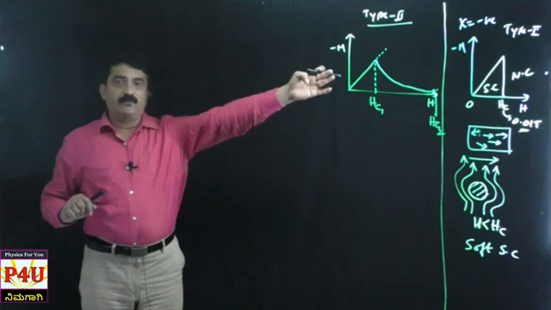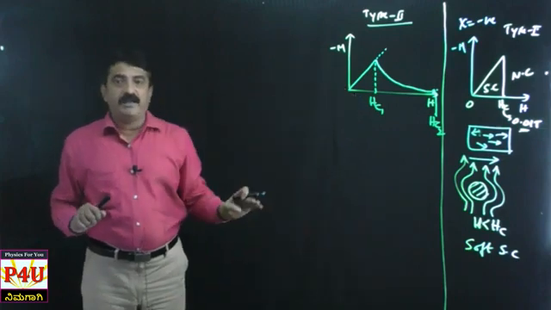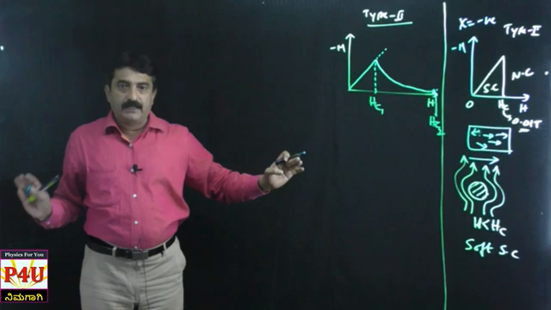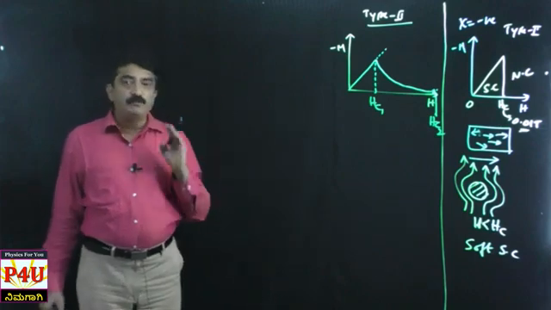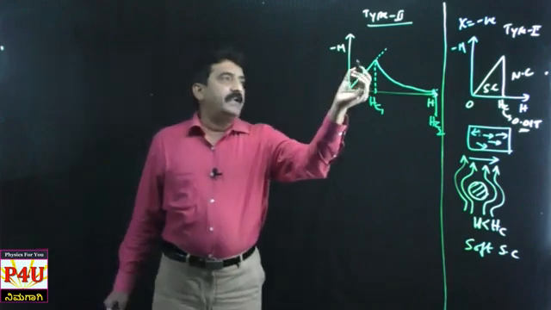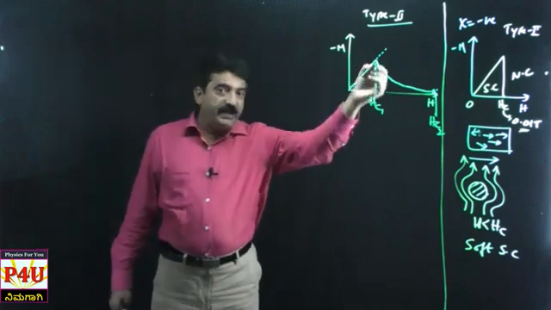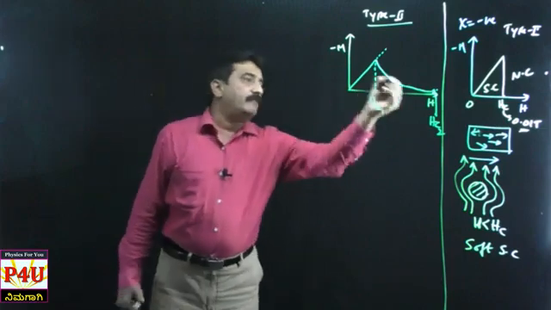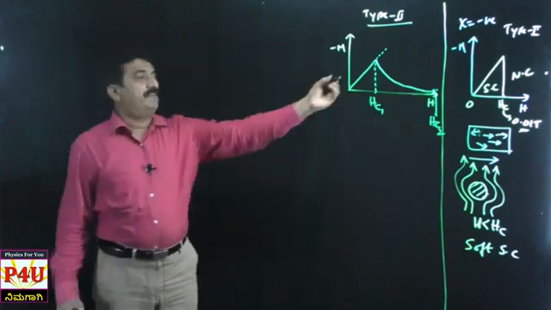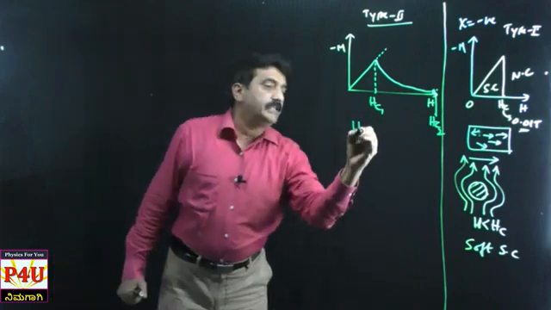Unlike in type 1, where it vanishes abruptly, here it is a gradual vanishing. So in type 2 superconductor, the decreasing tendency starts at Hc1, and then finally it becomes 0 at a very large value.